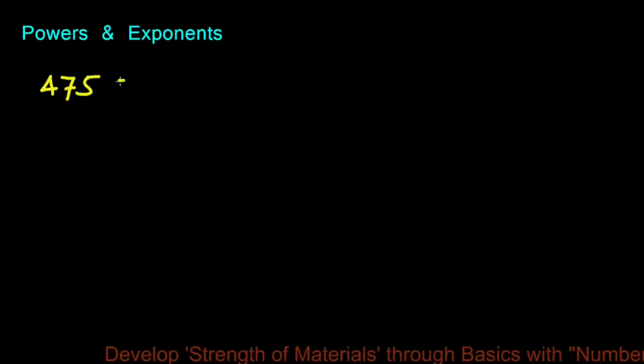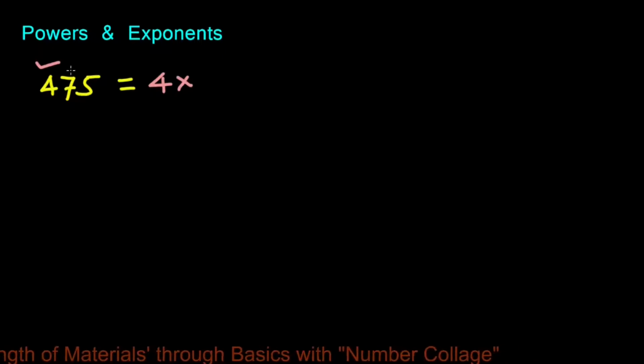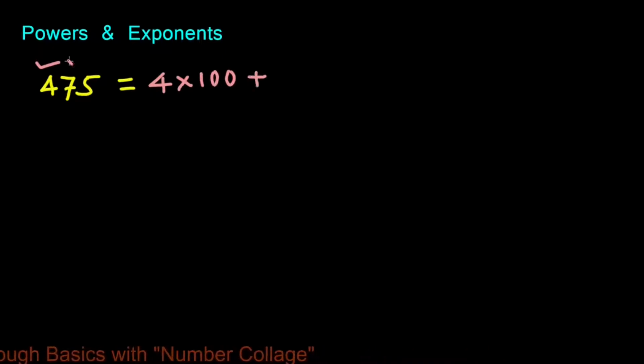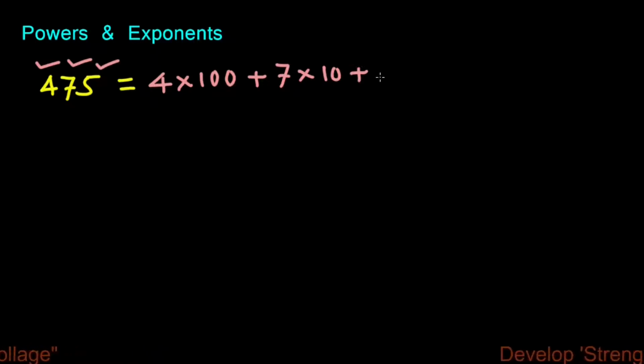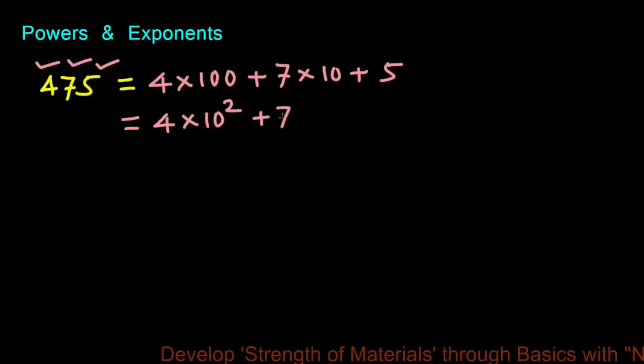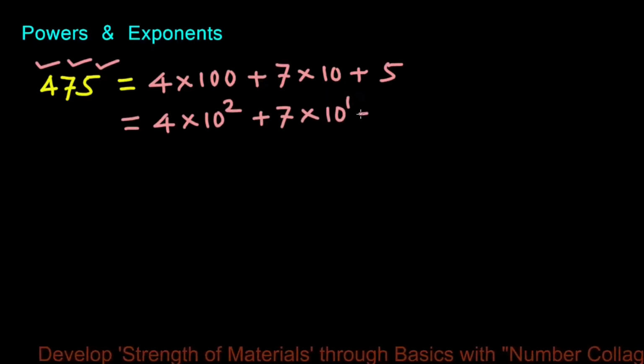We can write any natural number in the form of powers of 10. For example, we can write 475 as 4 multiplied by 100 plus 7 multiplied by 10 plus 5, which we can also write as 4 into 10 squared plus 7 into 10 raised to 1 plus 5.